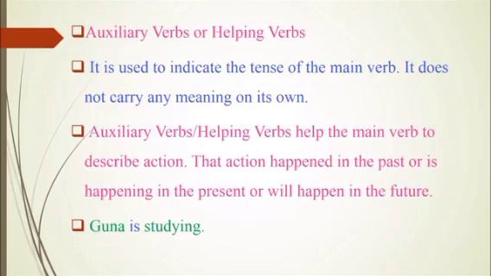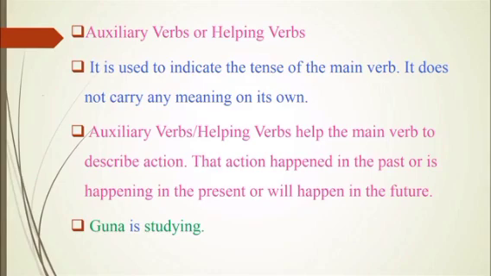Next, we are going to learn about auxiliary verbs. Auxiliary verbs are also called helping verbs. They are used to indicate the tense of the main verb. They do not carry any meaning on their own.